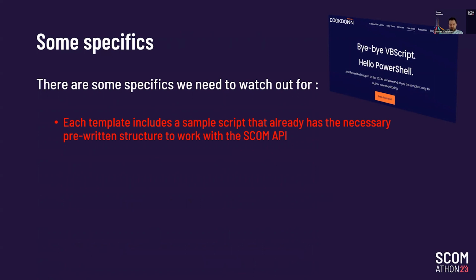This means that even if you do not have prior knowledge of the SCOM API, you can easily customize the script by adding the API-specific parts, such as creating and filling property bags, etc. In just a few simple steps, you can quickly create customized scripts and leverage the power of the API.